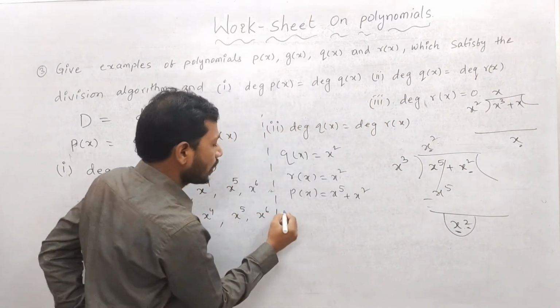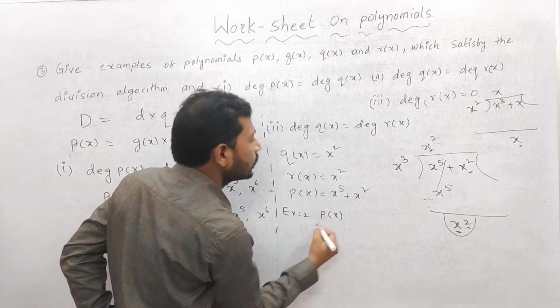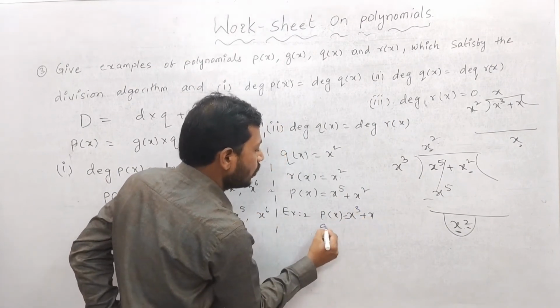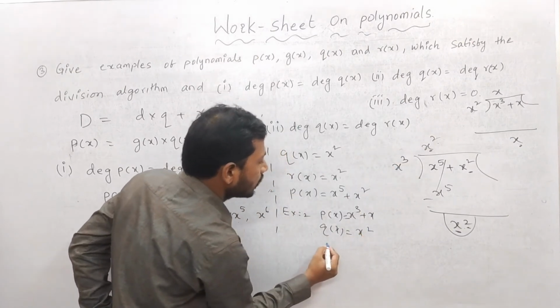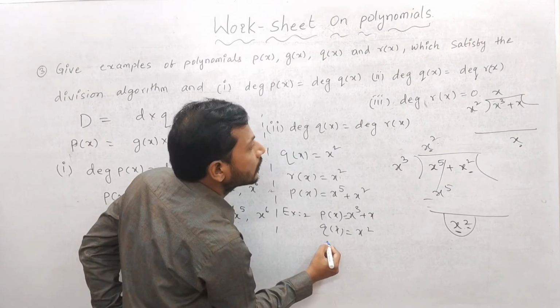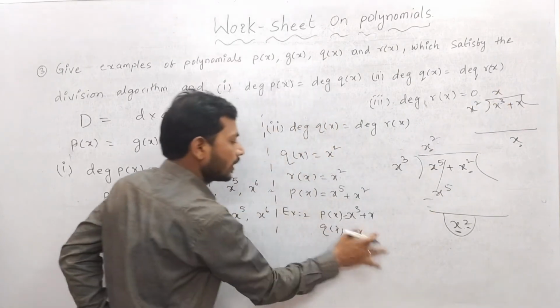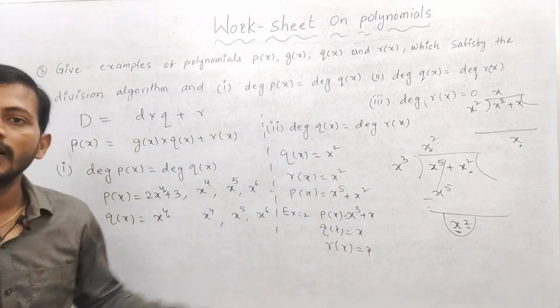Then the second example, I am writing example 2. What am I writing? P of x equal to x power 3 plus x, and q of x equal to x square, and another one is what? r of x. Sorry, q of x equal to x square, r of x equals x. This is the second example.